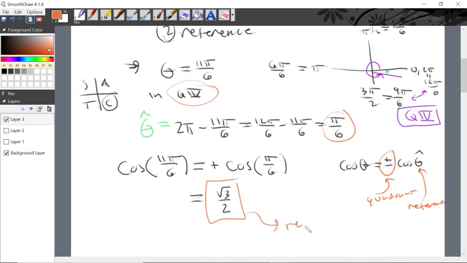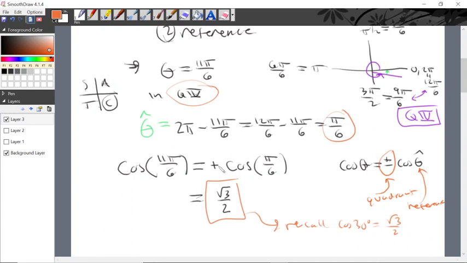We use the reference number in order to find the numerical value, the magnitude, of the cosine of pi over 6, which is the same as the cosine of 11 pi over 6.